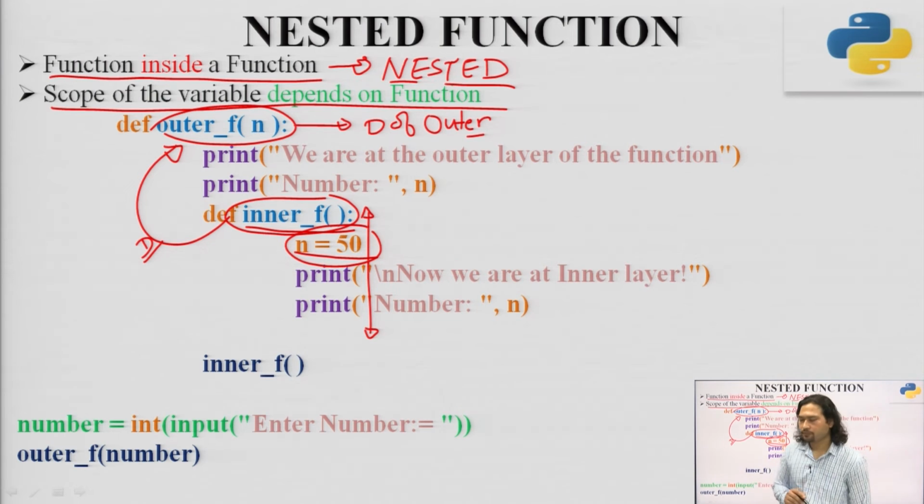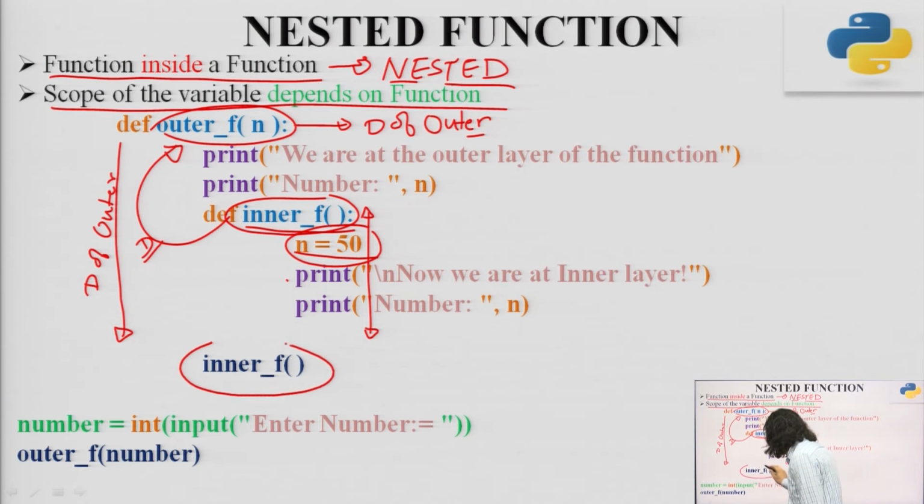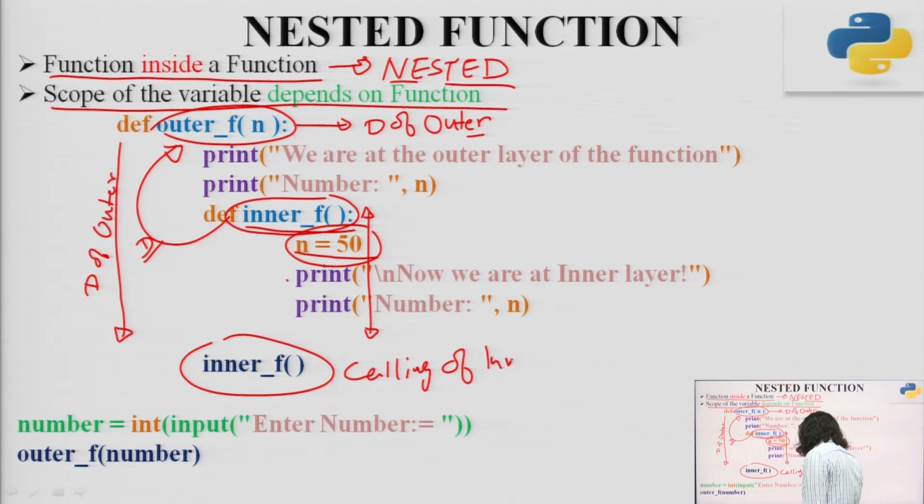The next important thing is that in the definition of the outer function you can see the calling statement. Now look at this one, this is the calling statement of the inner function. That means in the definition of the outer function we are seeing the call to the inner function.